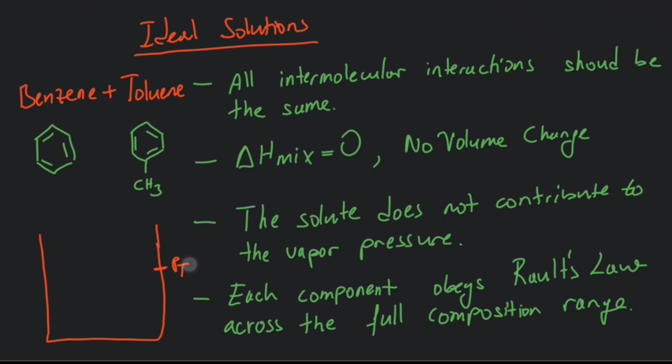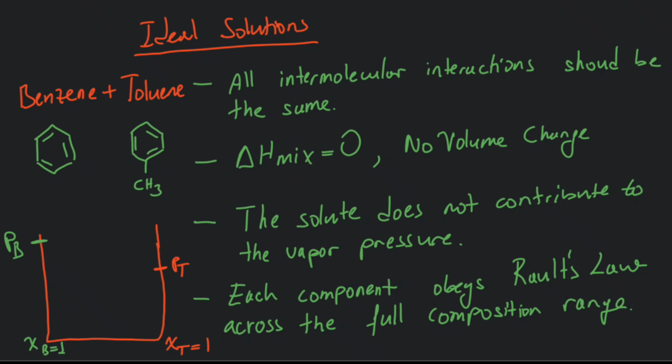So this is the pressure of toluene when the toluene mole fraction is equal to 1. And we start to add, for instance, benzene, and benzene vapor pressure is higher, by the way. We have benzene here, and this is the pressure of benzene when the mole fraction of benzene is equal to 1.